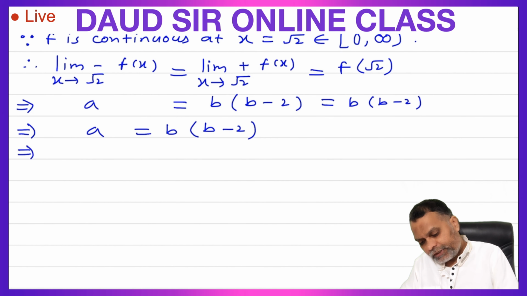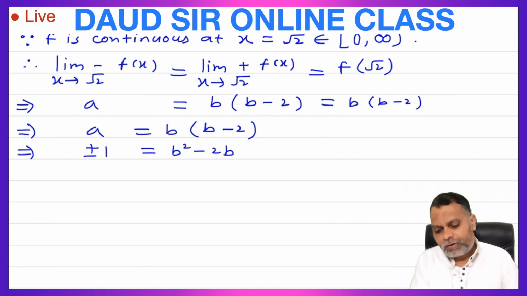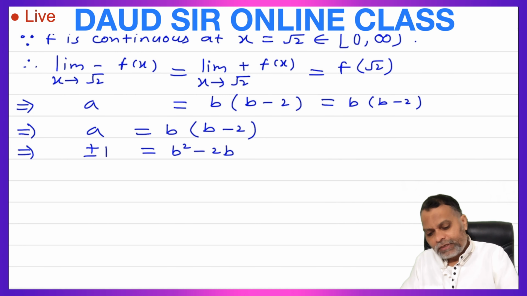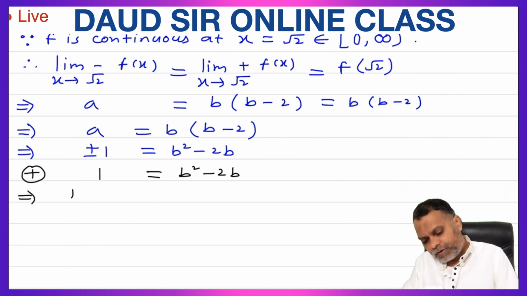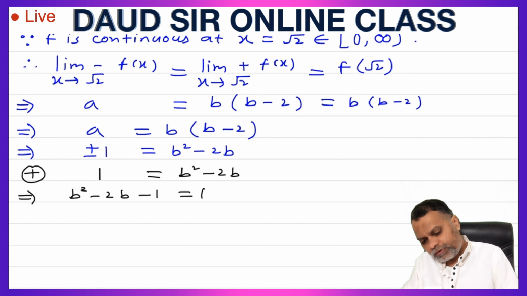So plus minus 1 is equal to b square minus 2b. Taking positive sign and negative sign, taking positive sign, 1 is equal to b square minus 2b. Shift this one that side. So b square minus 2b minus 1 is equal to 0.